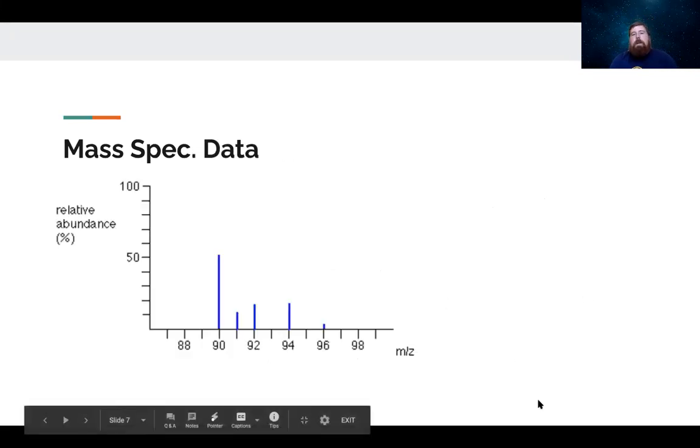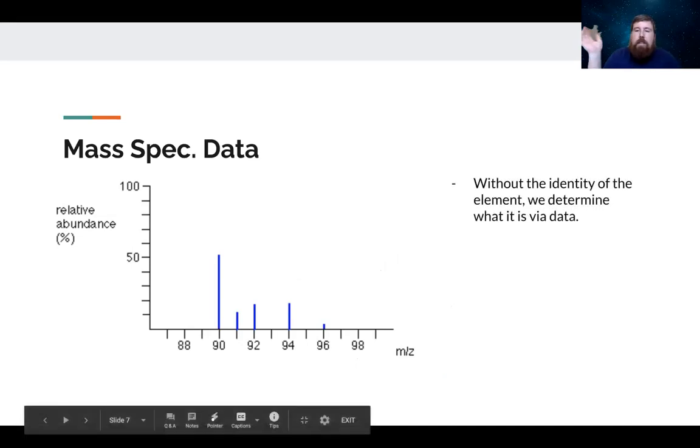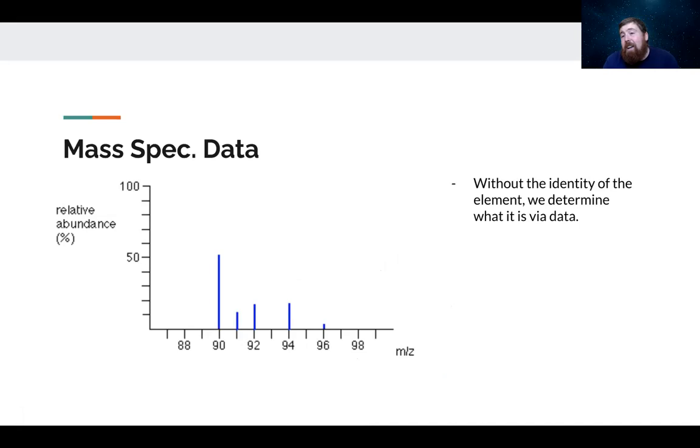So here is some mass spectrometry data. It looks like there are 1, 2, 3, 4, 5 different isotopes that exist for this element. And we're going to go ahead and determine the identity of this element.